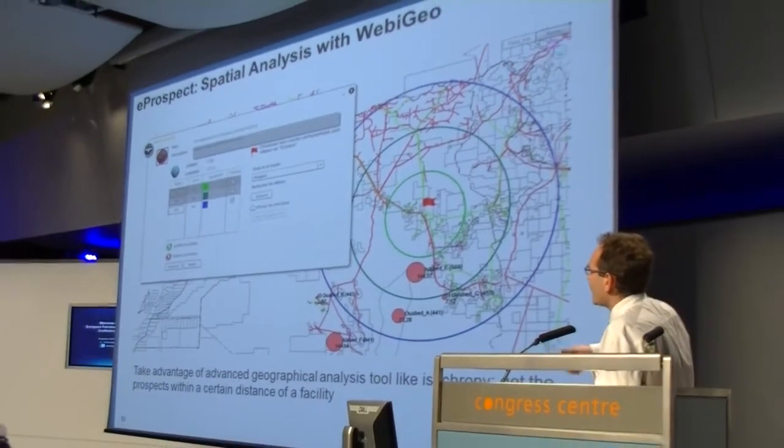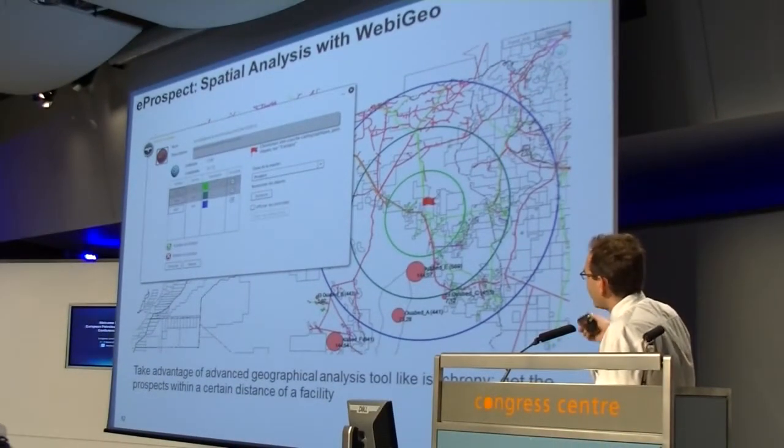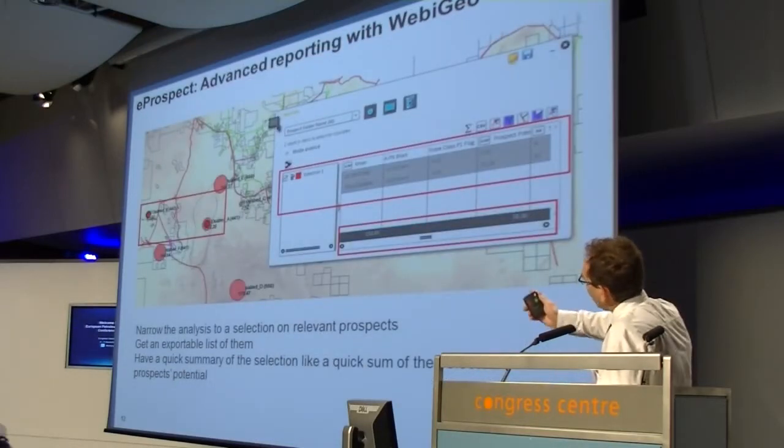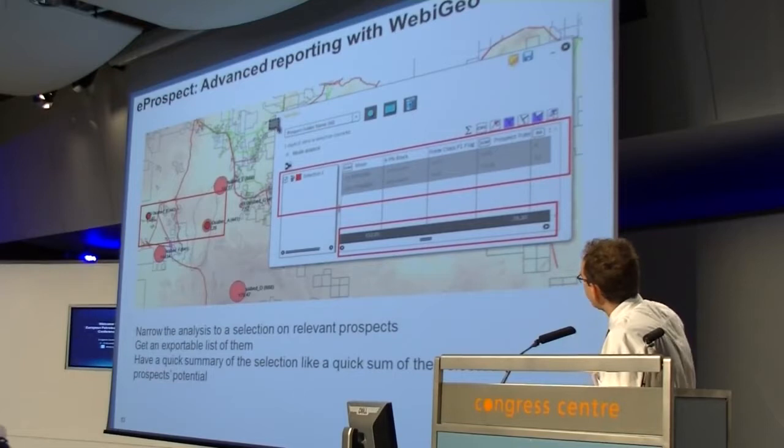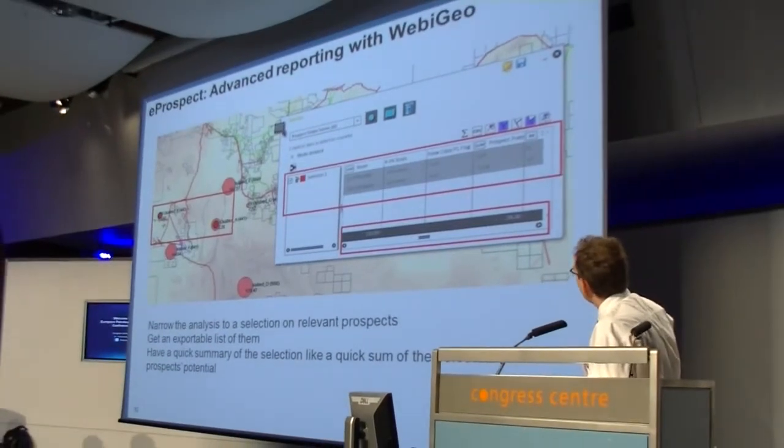You have some standard tools that are made available for users, so it's very easy to use, and can run a query and generate a list. Or you can select some prospects directly on the map, then you have small windows, and you can use the sum of some values that are of interest. You can perform some simple analysis, a quick summary.